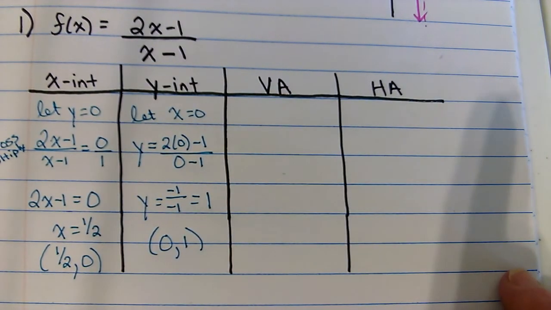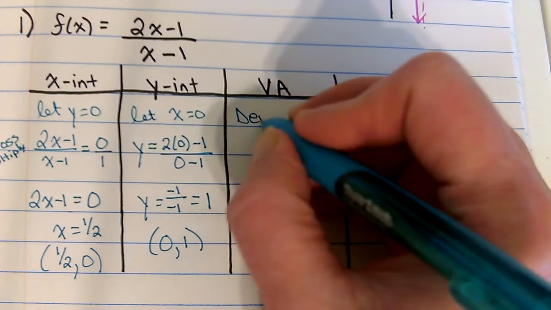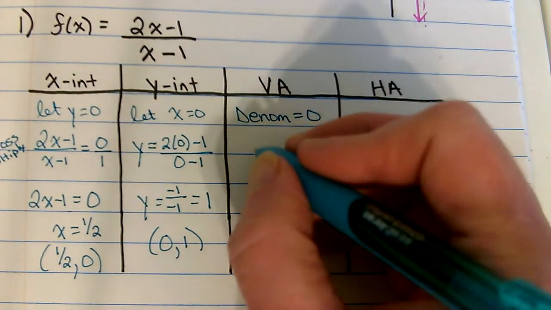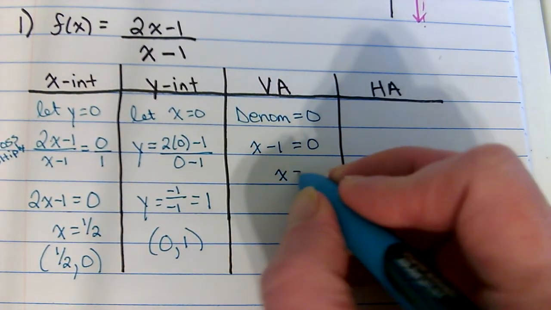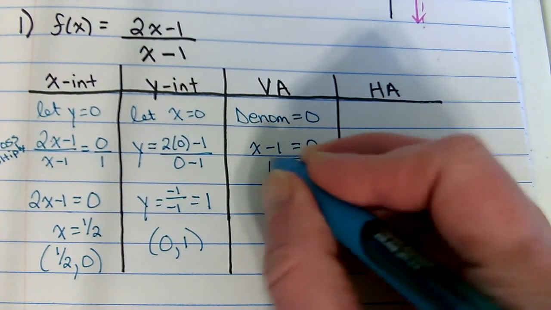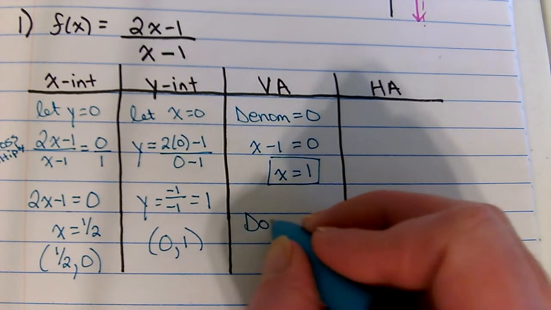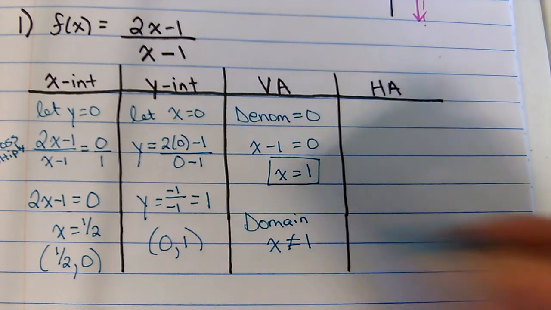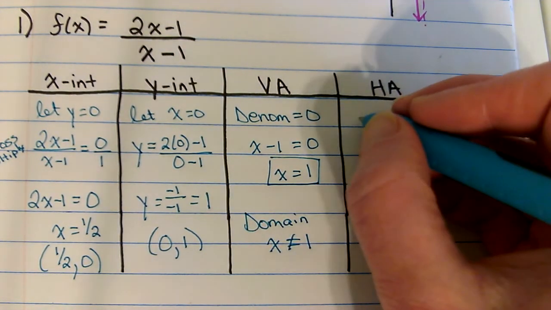Now, when does a vertical asymptote happen? Well, it's when the denominator equals 0. So I'm going to take that x minus 1 equals 0 and get x equals 1. Now, guess what? That also tells me my domain. X cannot be 1. Horizontal asymptote.